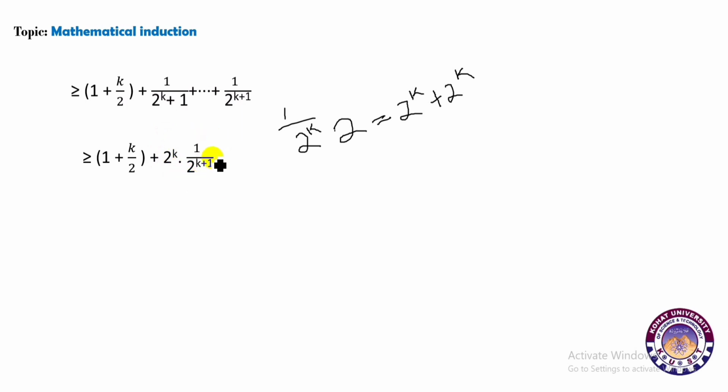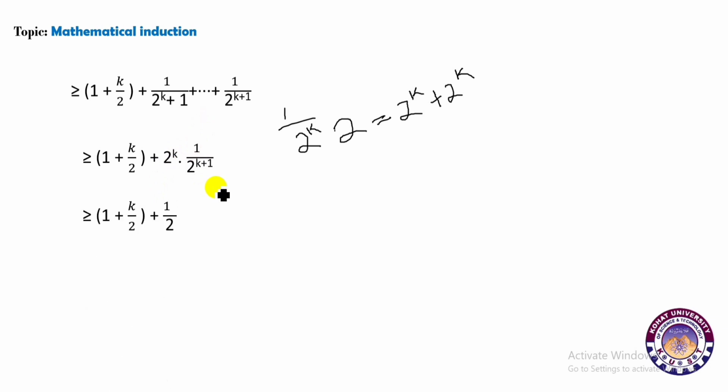If we replace each term in this sum by 1 over 2 raised to the power k plus 1, as each term is greater than 1 over 2 raised to the power k plus 1, replacing the first term by 1 over 2 raised to the power k plus 1, the second term also, the third term also, then the above summation must also be greater than 2 raised to the power k times 1 over 2 raised to the power k plus 1.